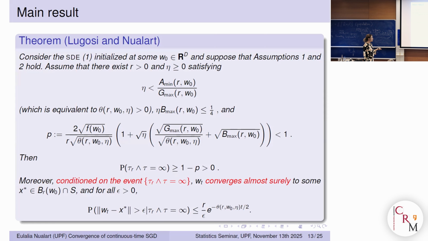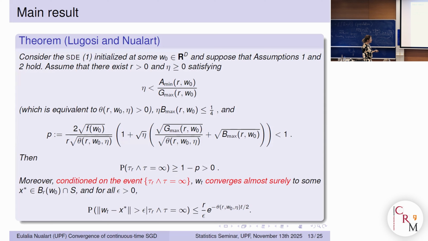What is important is that when eta is 0, we get exactly the same condition as Chatterjee. Here the square root of f divided by r is exactly this term, and the minimum is exactly this term. Here we have G max, beta and theta that appear because of the noise term.